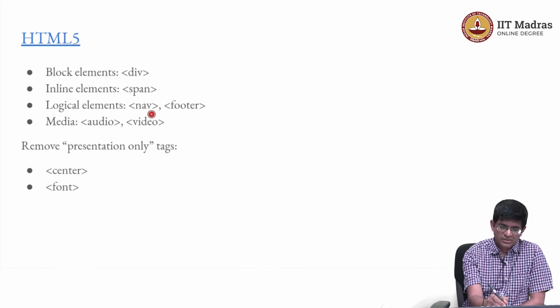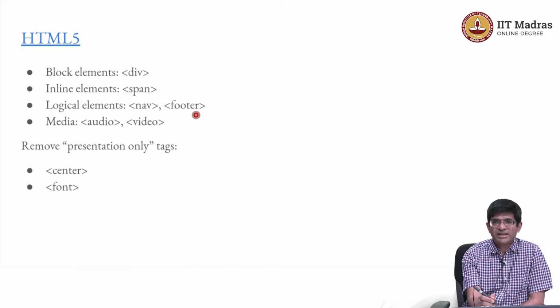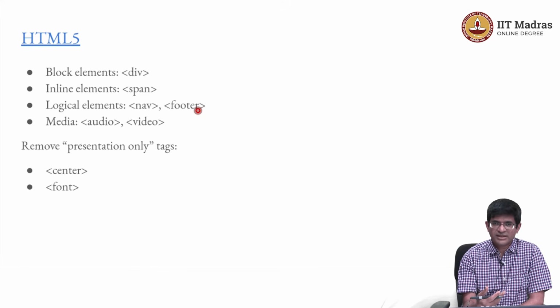One additional aspect as far as that is concerned was the introduction of elements like nav, so the navigation bar, the footer, and so on. Now these things are especially important in the context of accessible websites. What we mean by accessible is, let's say a person is visually impaired and cannot read everything that's on the screen.